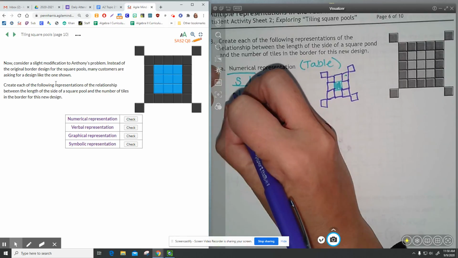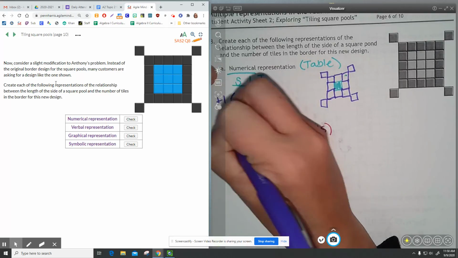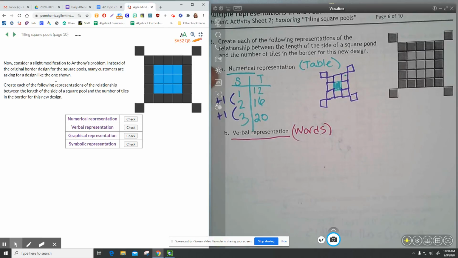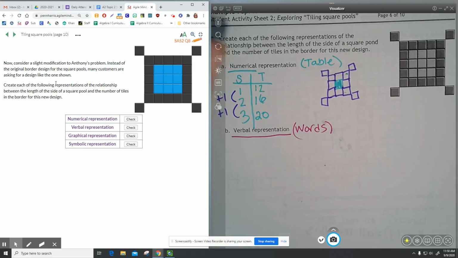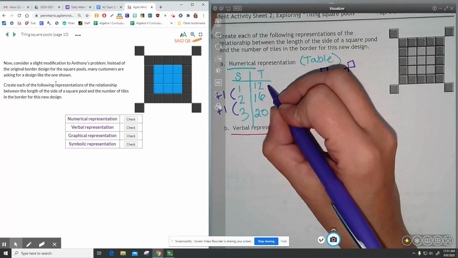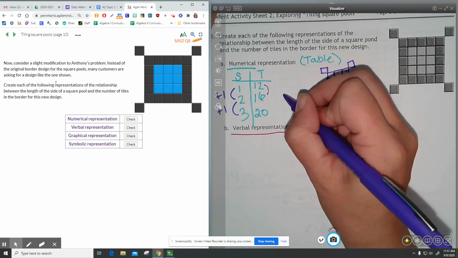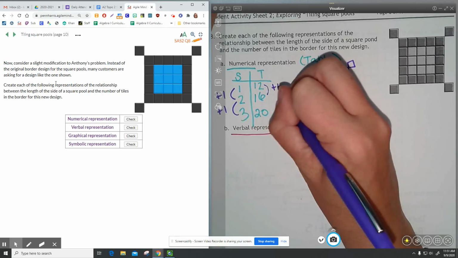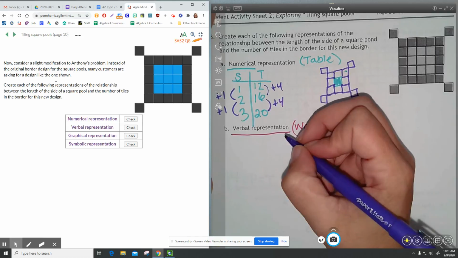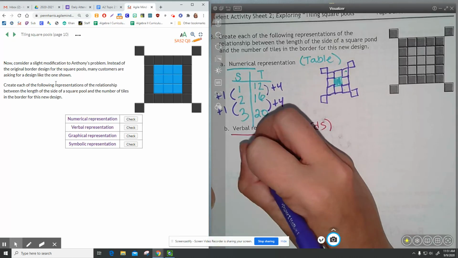My sides are all increasing by 1. Okay, so tell me then, what are my tiles doing? From 12 to 16, it's plus 4. From 16 to 20, it's plus 4.